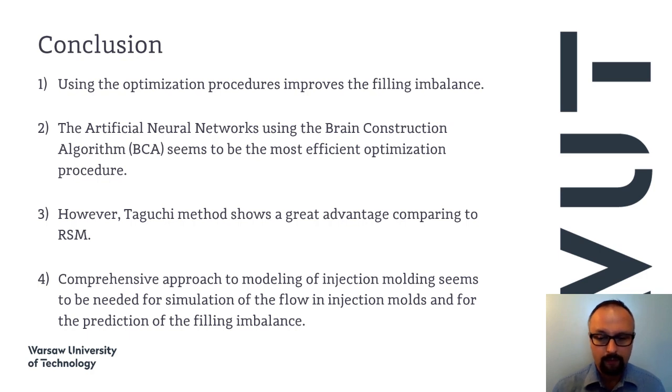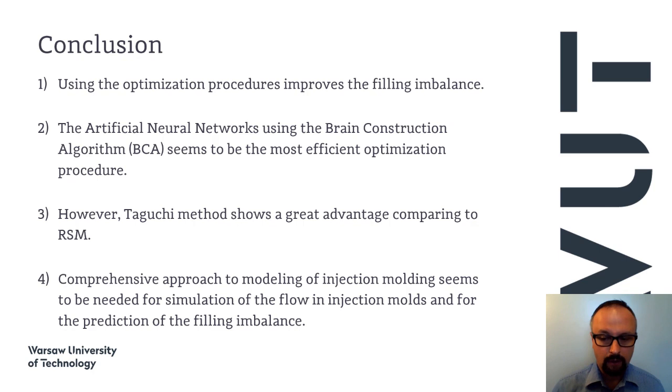The optimization procedures always do their work, and it's always better to optimize something with any method instead of using the traditional trial and error way. From this specific study, we can see that this neural network procedure, this BCA, tends to be the best. It reaches the largest value of our objective function in terms of experiment.